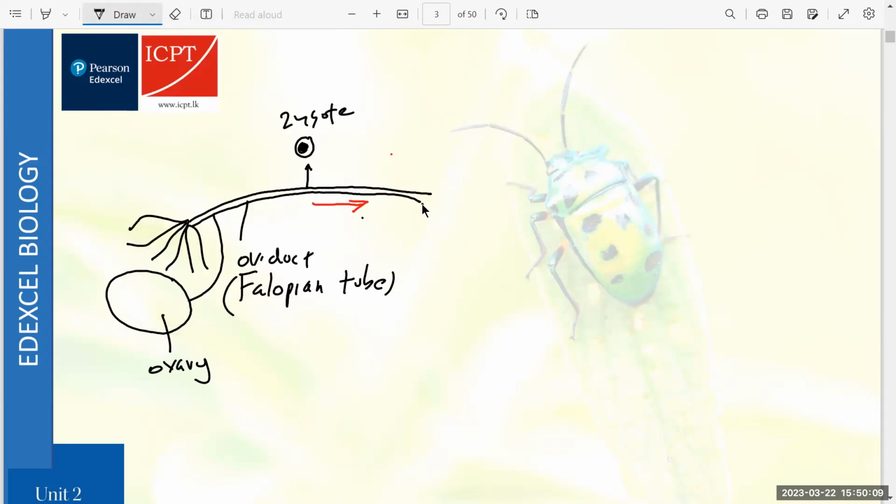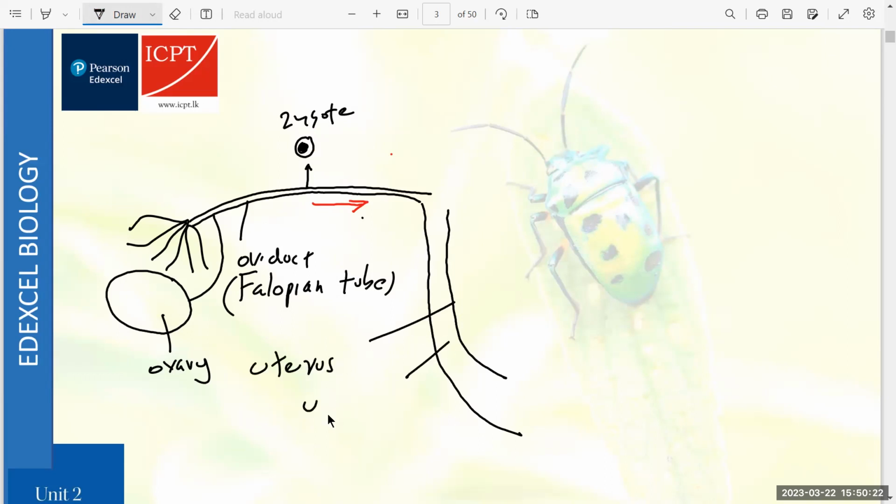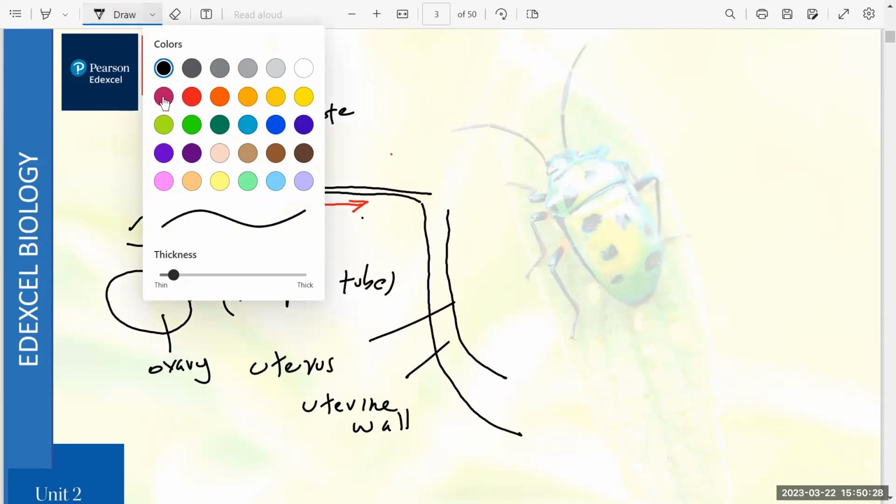After that, it should reach the uterus, and this is the uterine wall. Okay.